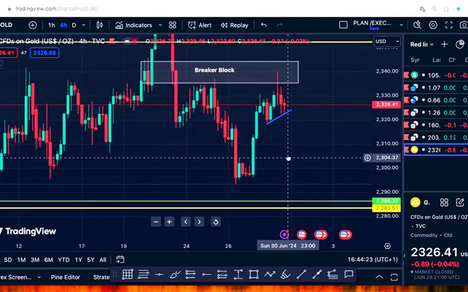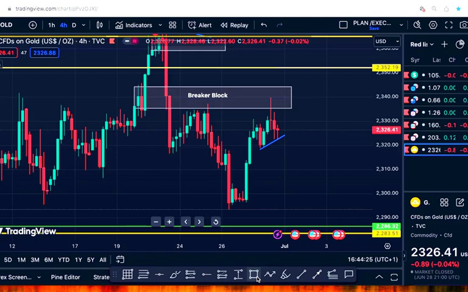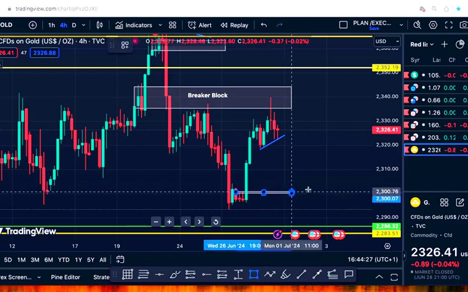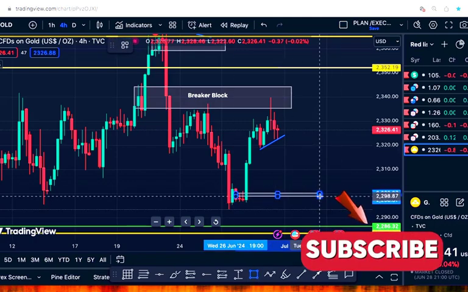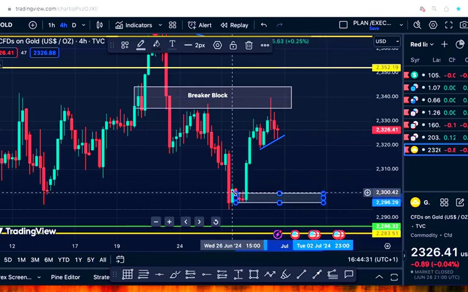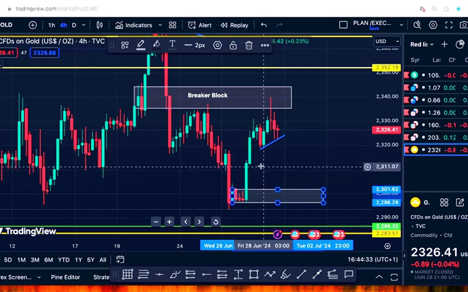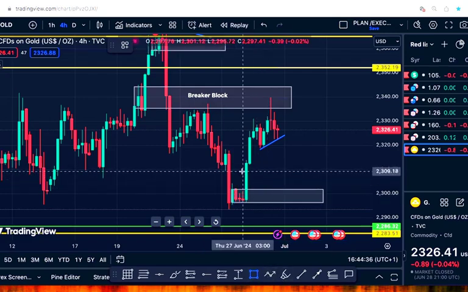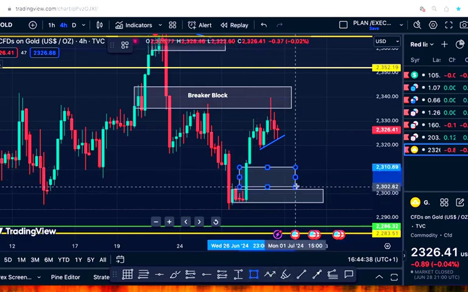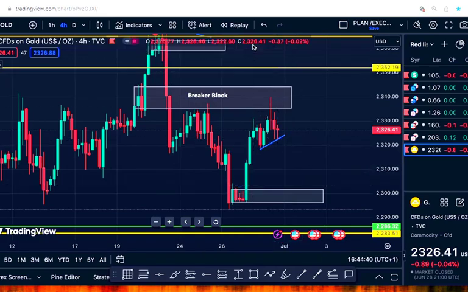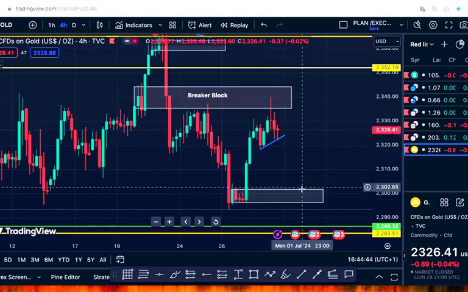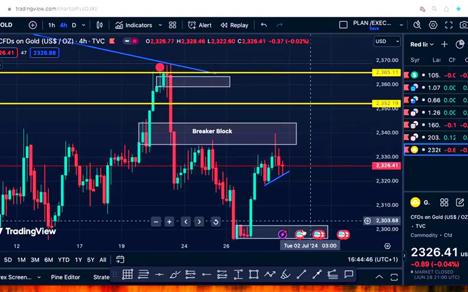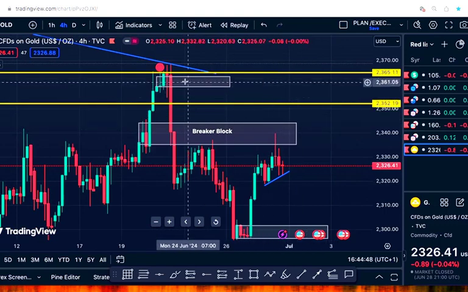Moving forward, this demand zone is yet to be tested, and it comes with a big fair value gap here. So I'll be expecting price to pull down, possibly mitigate this demand zone, then move up to the upside.